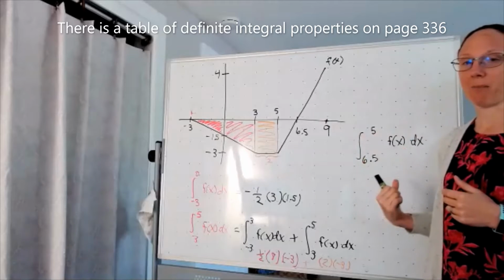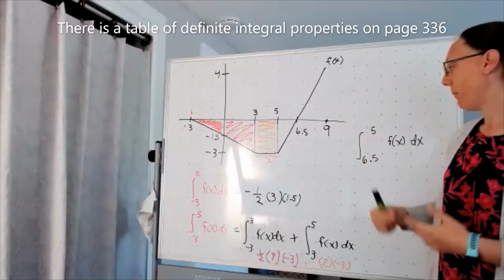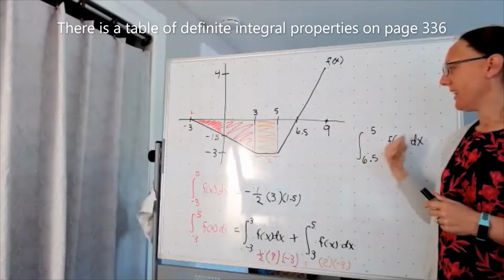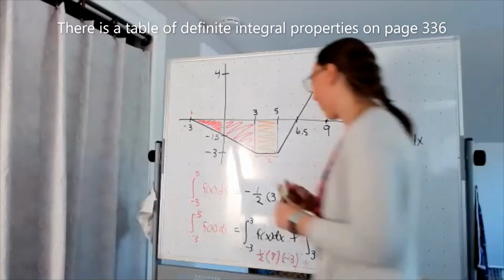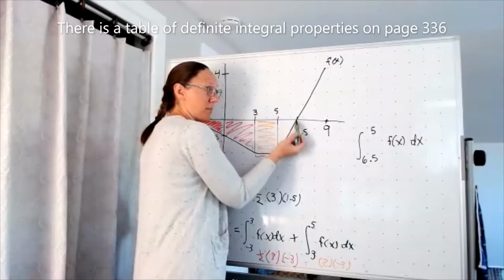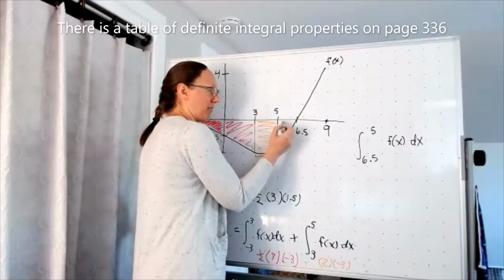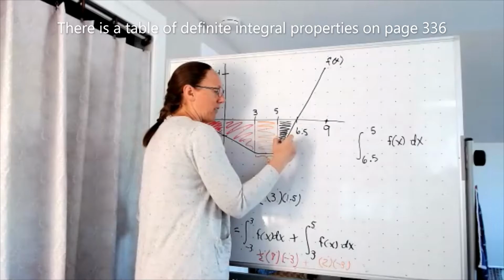This is more of a mathematical convention than anything else. But this is asking me to find the area from 6.5 to 5. So it's asking me to find the area of this triangle.